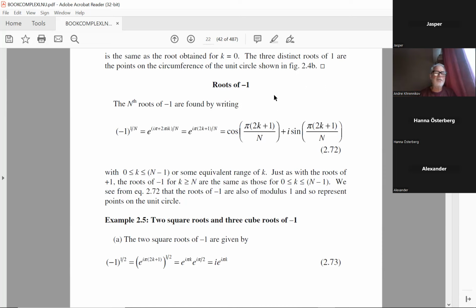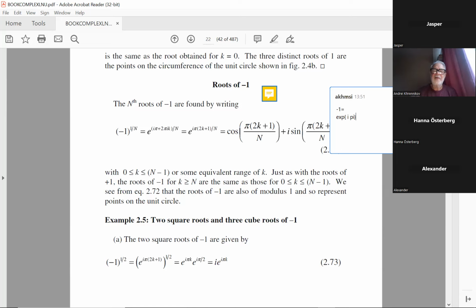So the main formula, unfortunately, is not written here. Let us write this formula: that -1 is equal to exponent, and here is pi, I pi.